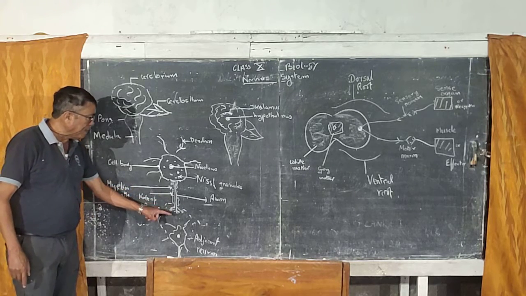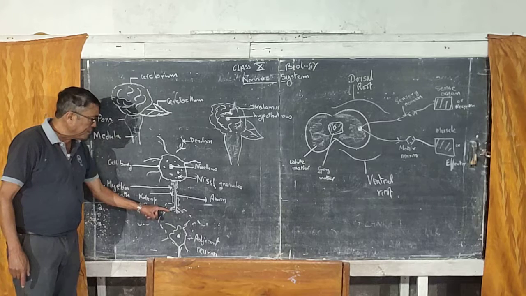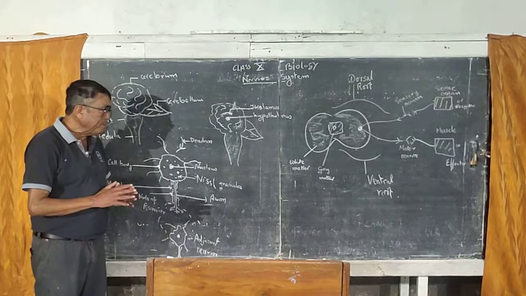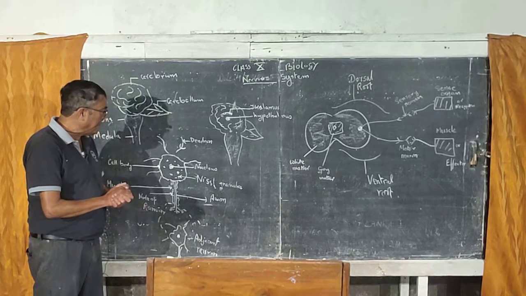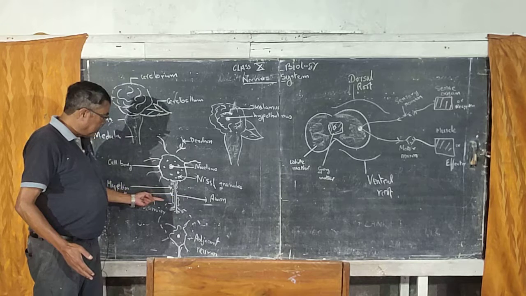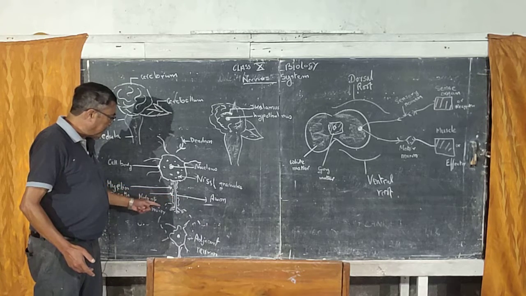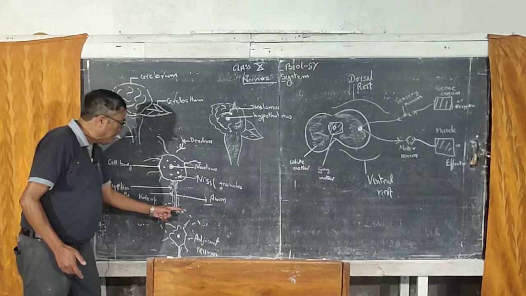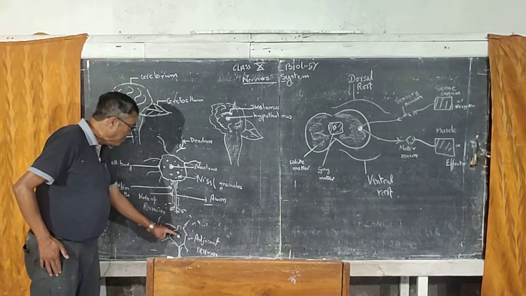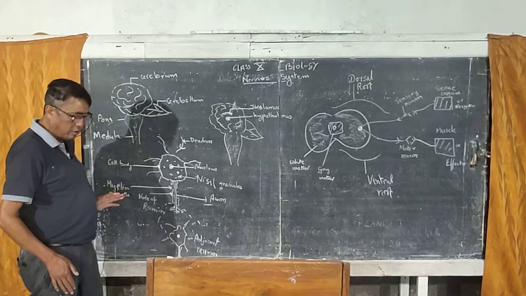The ACH is destroyed immediately after release. Otherwise, the same impulse will keep on passing. So the synapse is the space between two neurons where the impulse is passed from one neuron to another neuron.